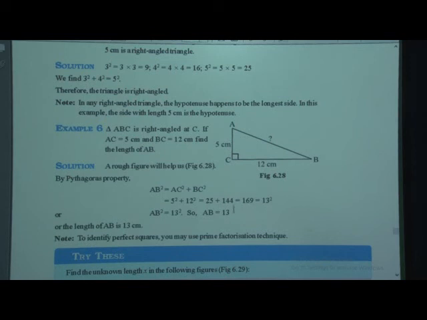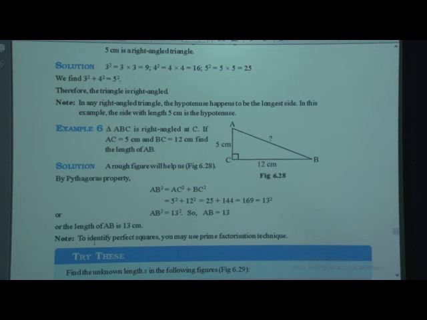You know the square of which number is 169? Yes, we can say the square root of 169 is 13, or we can say AB square is equal to 13 square. So AB is equal to 13. So what will be the AB? That is, the hypotenuse is 13, or we can say the length of AB is 13 centimeter.